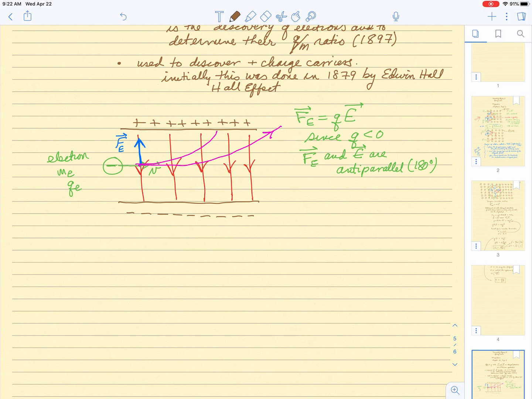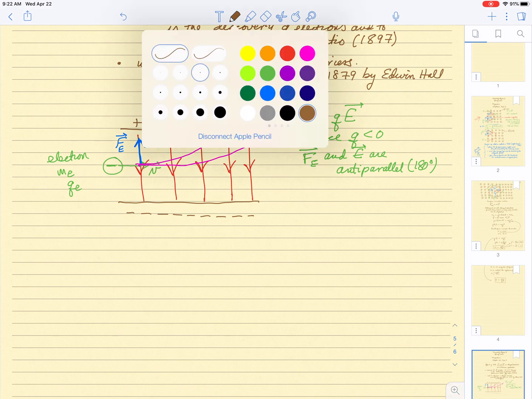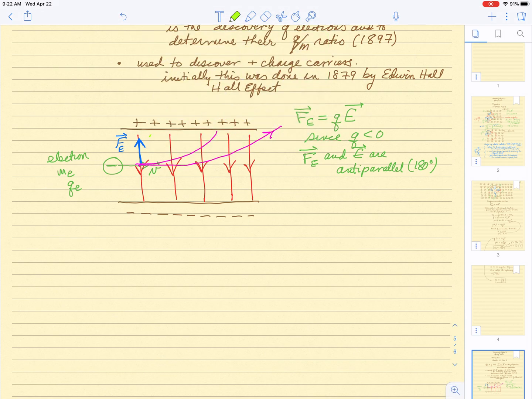So now what we're going to do is we're actually going to impose a magnetic field which is oriented 90 degrees to the electric field. And so let's get a magnetic field which is into the plane of the paper, like so.